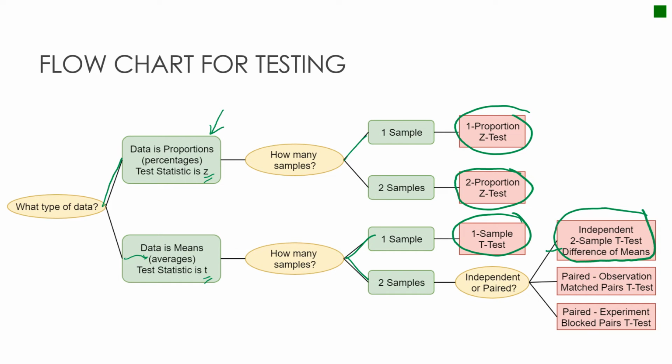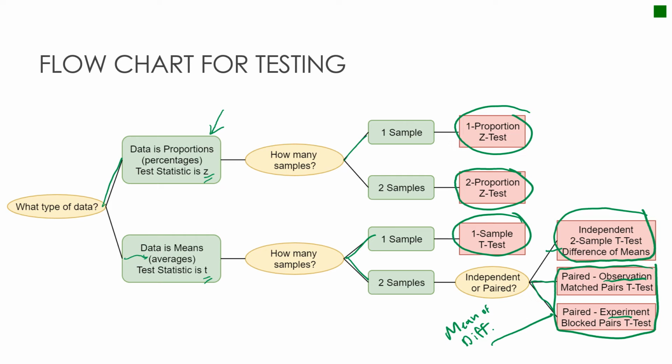And if they are paired, we're going to do a matched pairs t-test or a blocked pairs t-test, and we'll talk about the difference between those, but it has to do with observations or experiments. These two, and I just ran out of room, are called mean of differences tests.